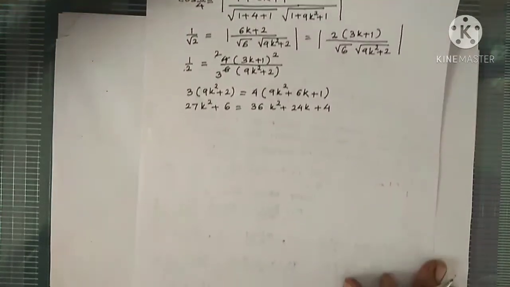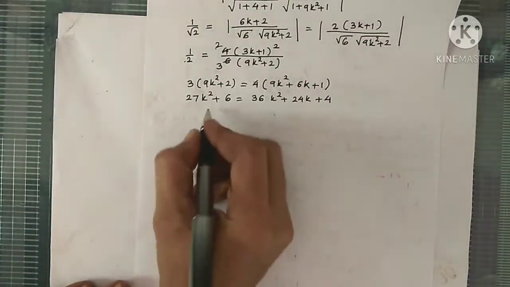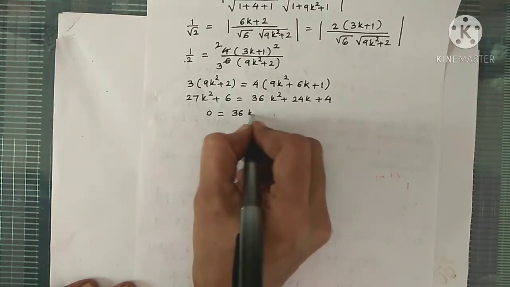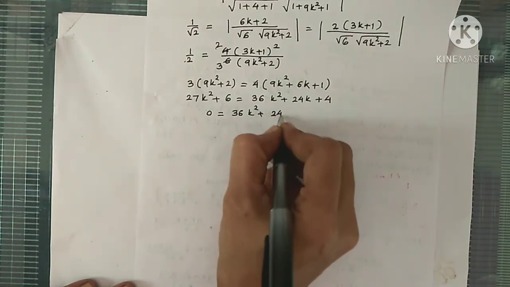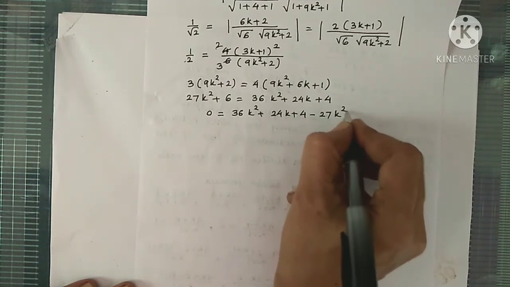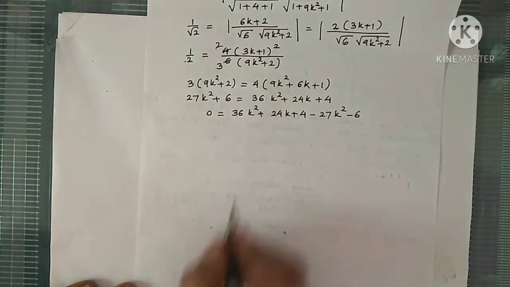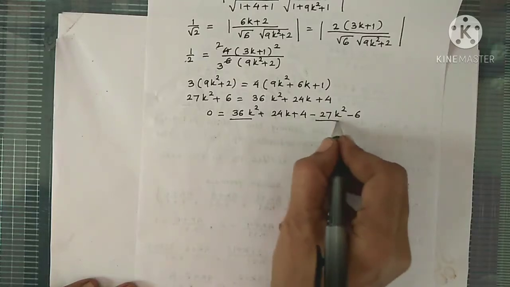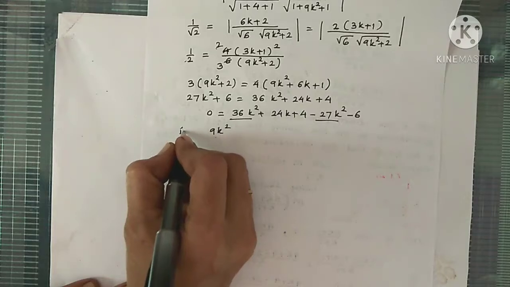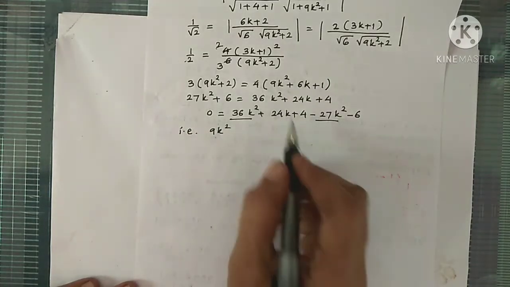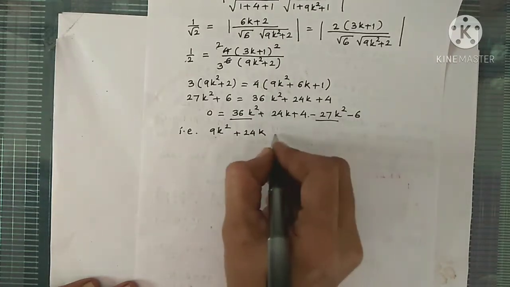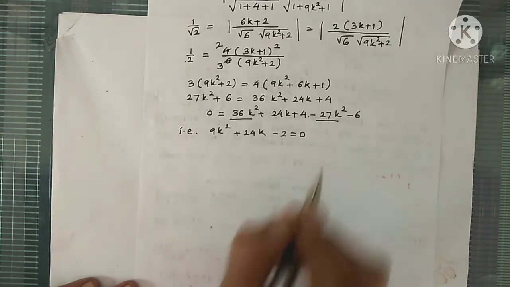Let's take the left hand side terms to the right, so that we can write 0 here. So this is 36k square plus 24k plus 4 minus 27k square minus 6. So 36k square minus 27k square is 9k square. The term in k is 24k, and the constant term 4 minus 6 is minus 2, equal to 0.